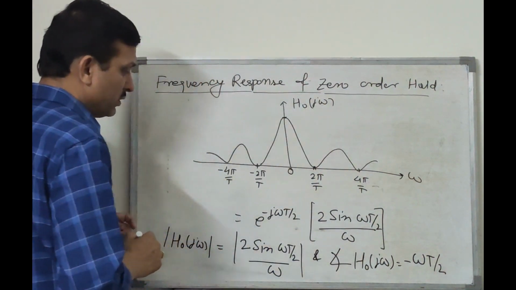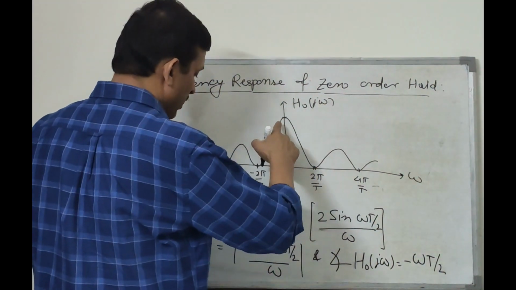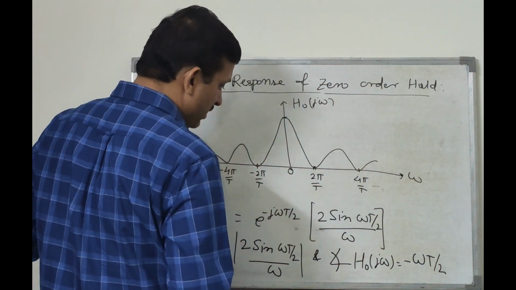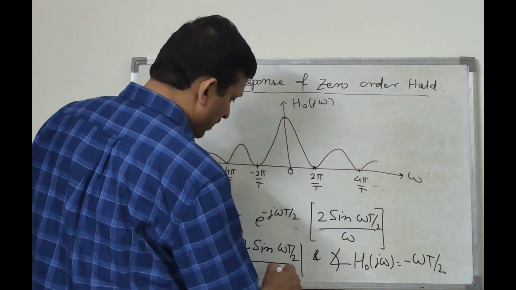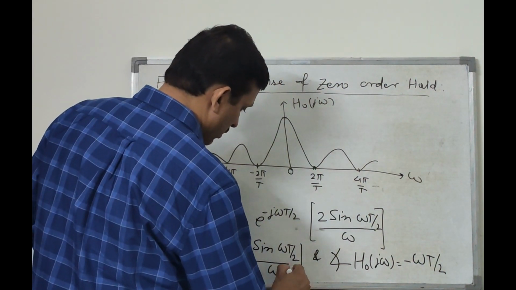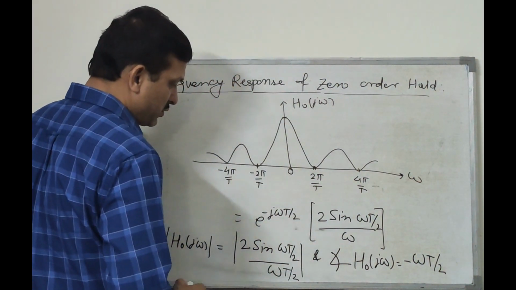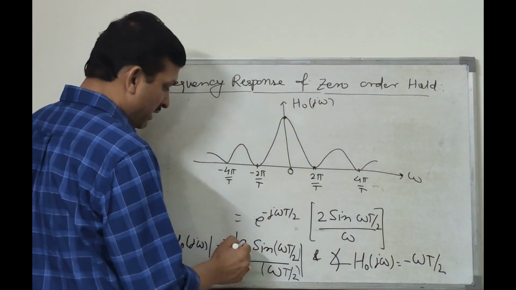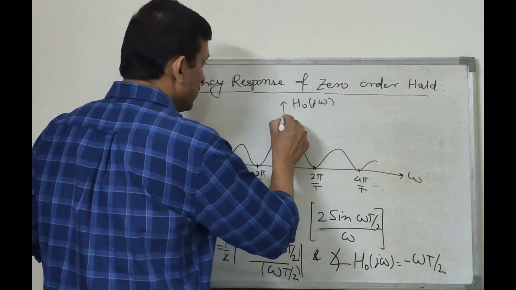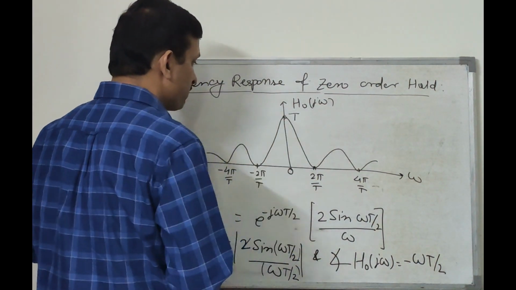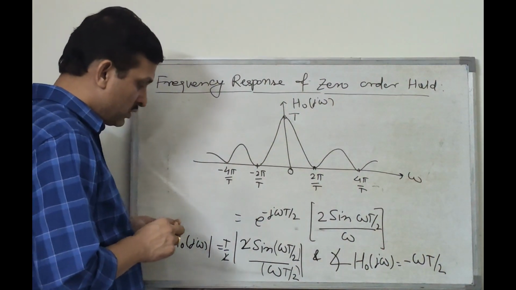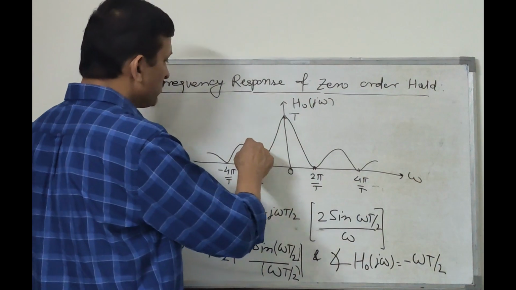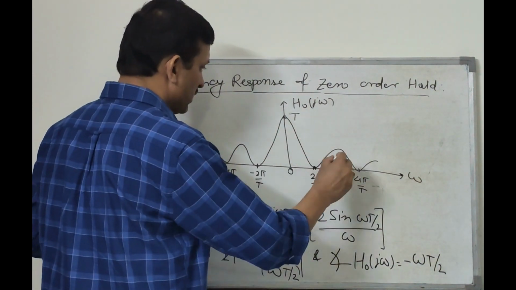And at omega equal to 0, from that we can get this value will be equal to T. So this is the frequency response of zero order hold. Frequency response of zero order hold is a sinc function.